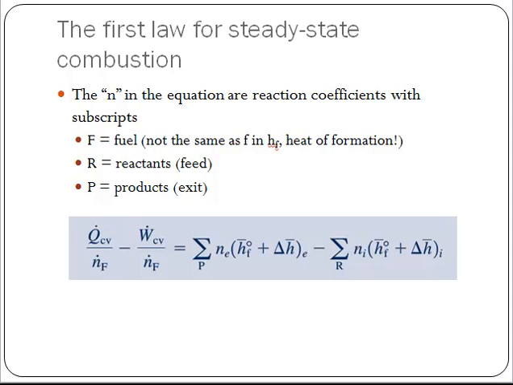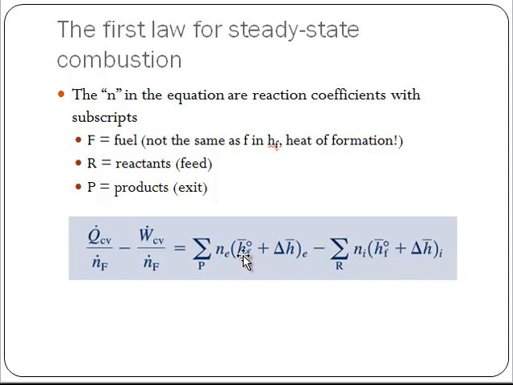Let's talk about the adiabatic flame temperature next. Last time we talked about the first law applied to steady state combustion. What we developed was that the first law could simply be adapted by saying Q minus W is the sum of the products, the moles of each, times their enthalpy, minus the reactants and the moles of each times their enthalpy.